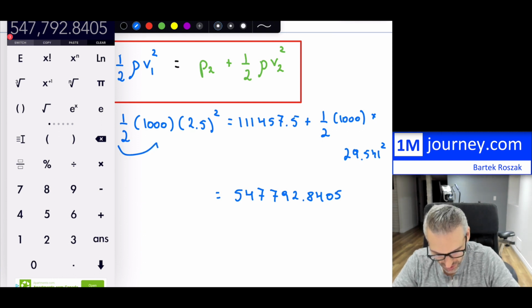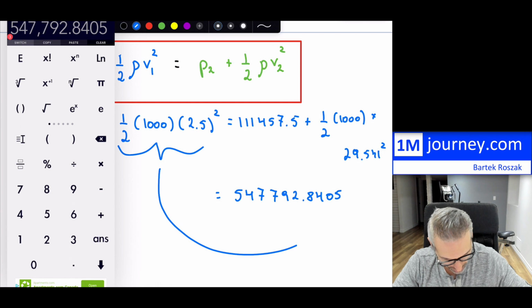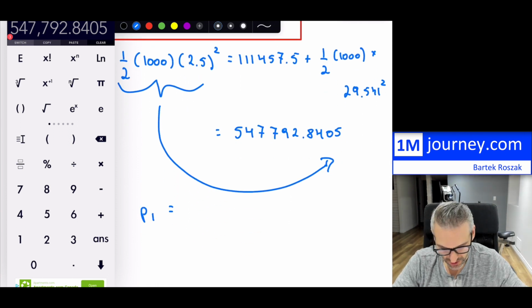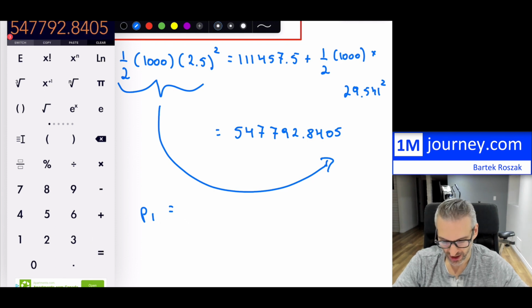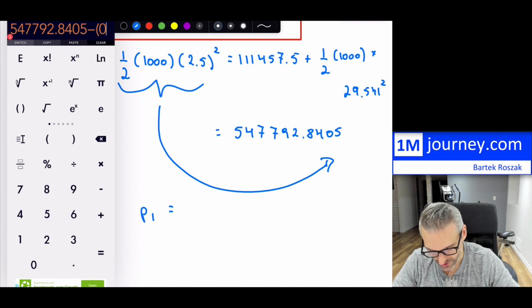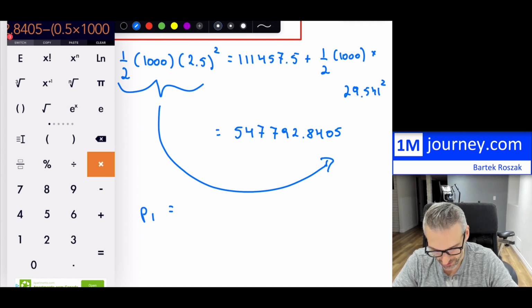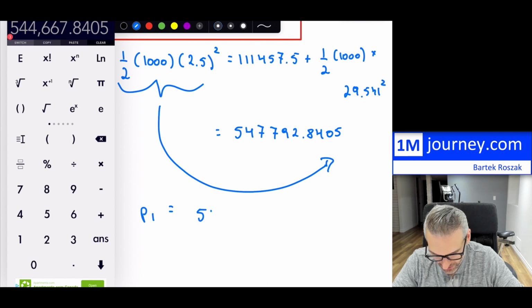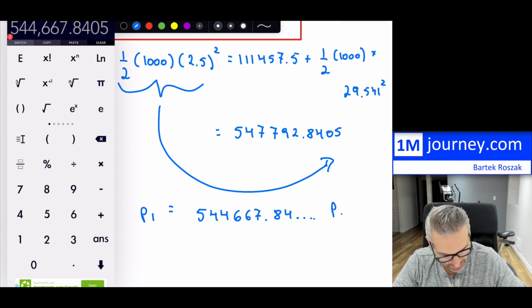Now I have to bring this term over to the other side so I can solve for the pressure P1. So that's this, which I have on my calculator, minus 0.5 times 1000 times 2.5 squared, all in brackets, equals 544,667.84, etc. Now this is the pressure.